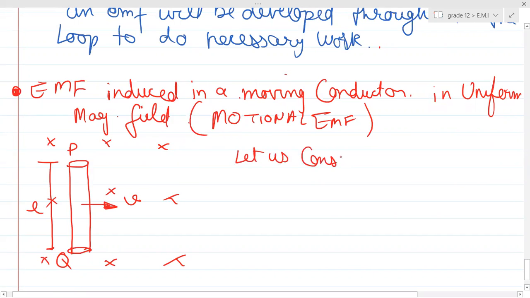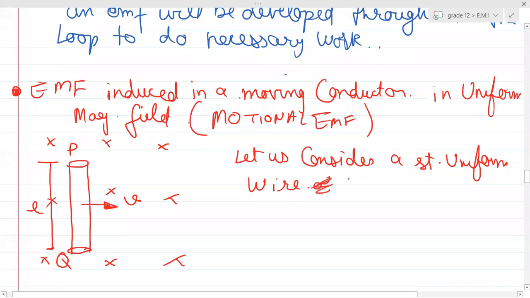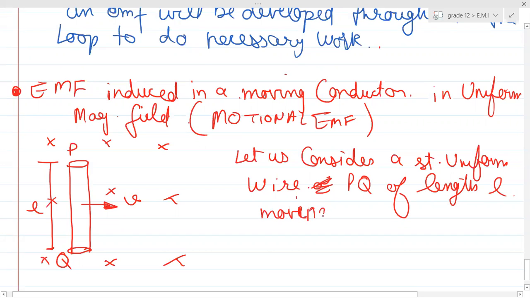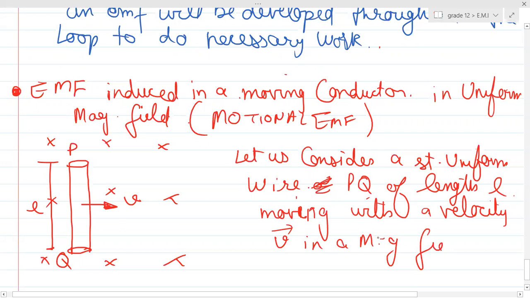Let us consider a straight uniform wire of length L moving with a velocity v in a magnetic field, like this shown.